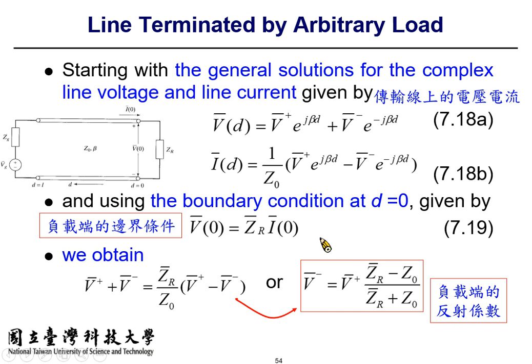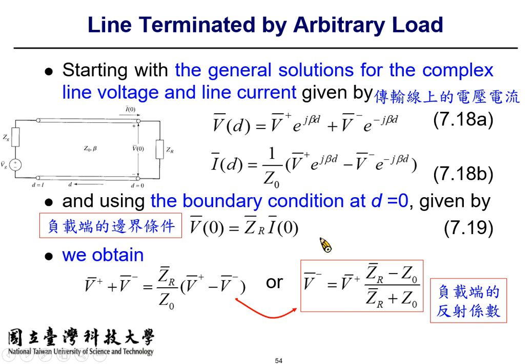Now the load we observed is replaced with Z_R. Okay? Well, that's the impedance you look into at the very right end of the transmission line.